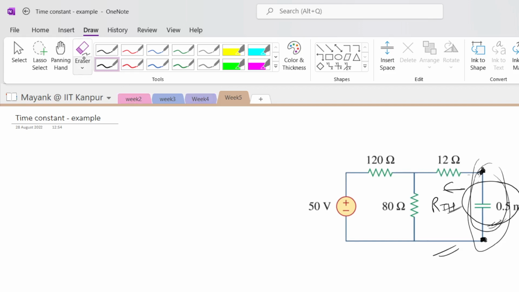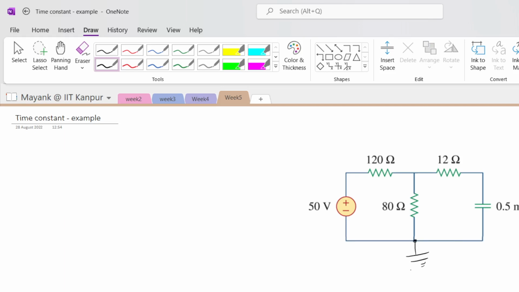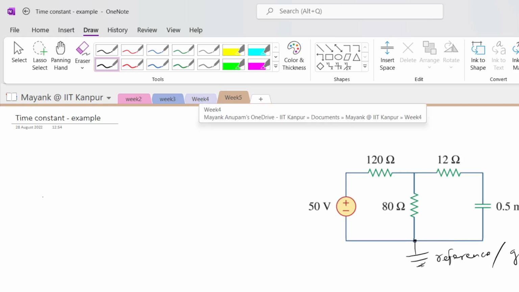Fine. So let me erase this. It's messy here. Okay, fine. For simplicity, I will assume that this particular node here is my reference or ground. Now how do I find the Thevenin resistance in this case?